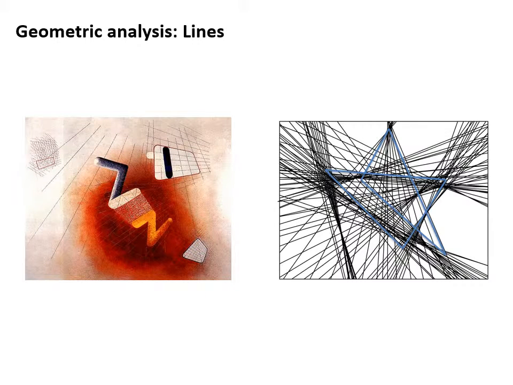So one of the main things in this painting are the lines. I decided to make an analysis on lines, and I took the lines and I stretched them out all the way to where they could go. As you can see in the picture on the right, there are points.